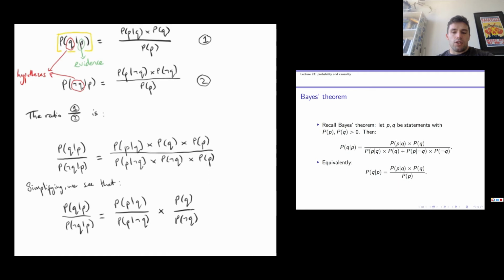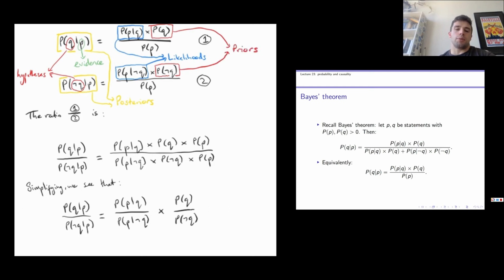We call the probability of Q given P the posterior on Q, and similarly we call the probability of not Q given P the posterior on not Q. We call the probability of P given Q the likelihood of P given Q, and similarly we call the probability of P given not Q the likelihood of P given not Q. We call the probability of Q the prior on Q, and similarly we call the probability of not Q the prior on not Q. Now there's nothing substantial going on here, we are just naming these terms in Bayes' theorem so that we can gain a better intuitive understanding of what's going on here.